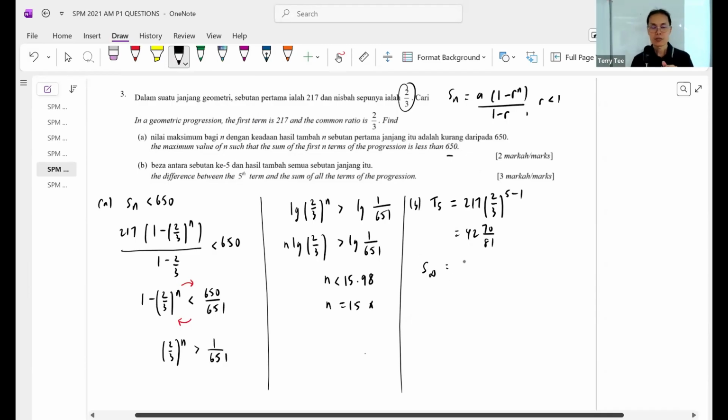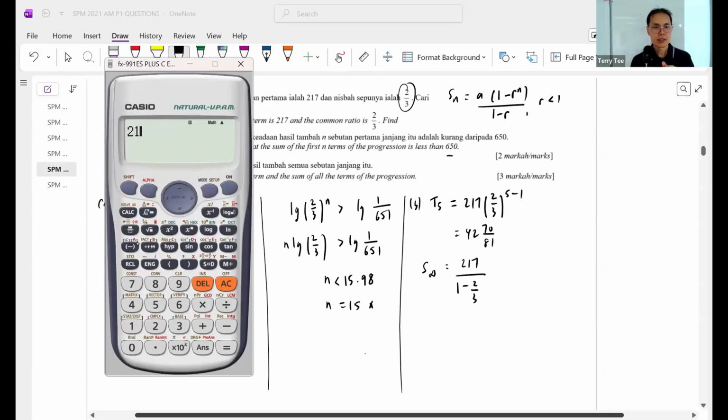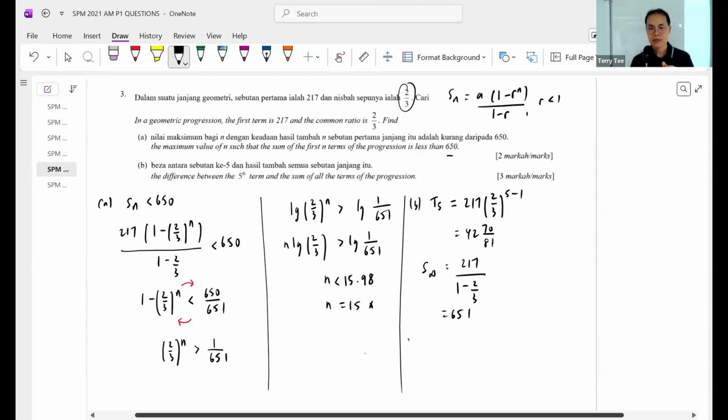So what's your A? 217. What's your R? 2 over 3, right? So 217 divide by 1 over 3, basically times 3. This is 651. So what's the difference? Take the bigger one minus the smaller one.